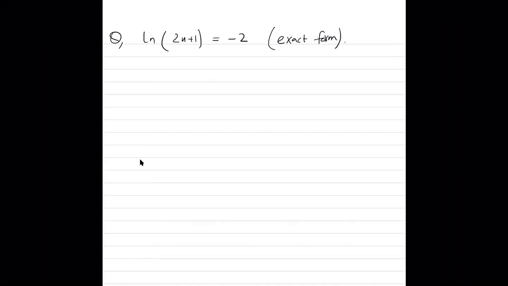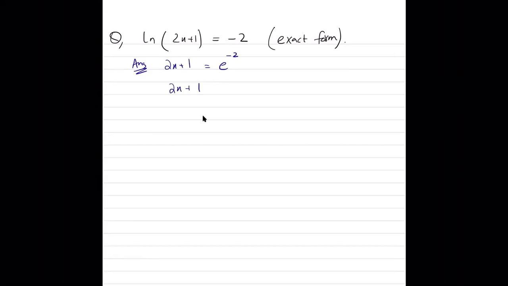Is it minus? Oh, sorry. e to the power of minus 2 minus 1, and the whole thing divided by 2. Yes. So e raised to the power of negative 2 equals 2x plus 1.